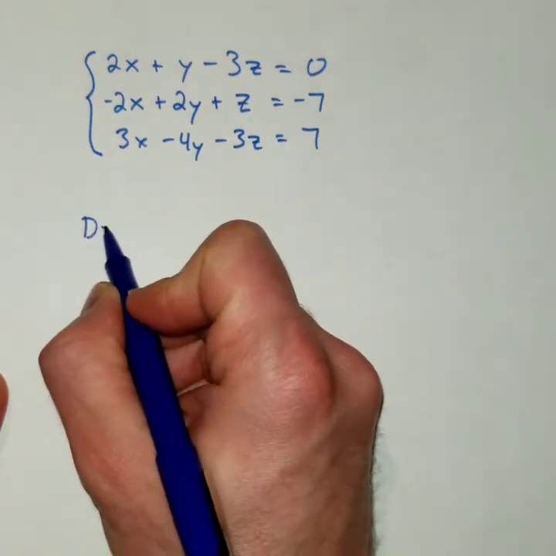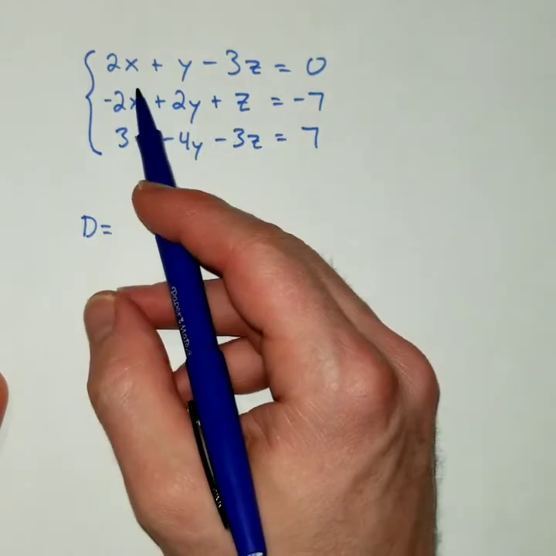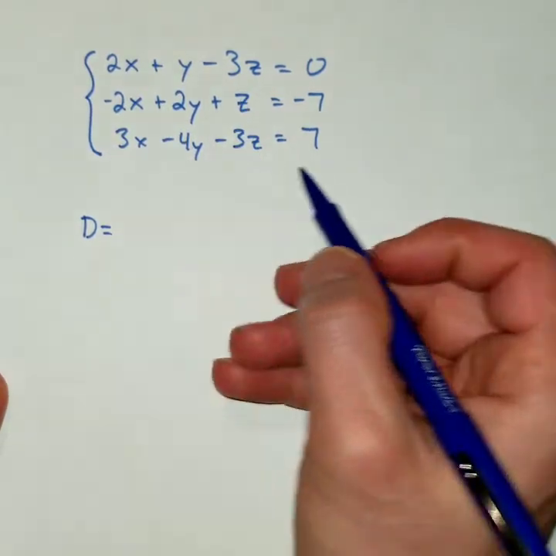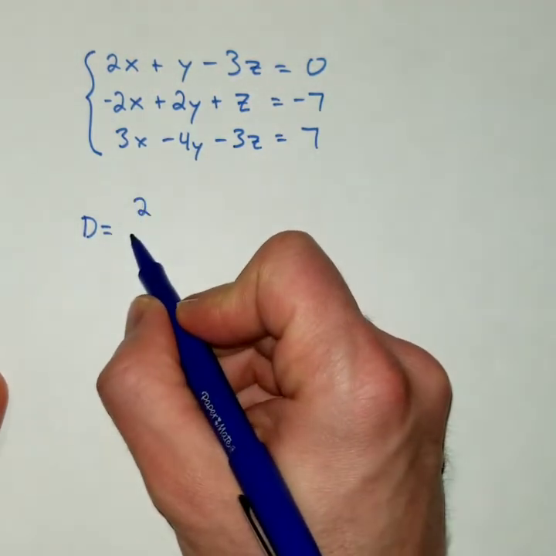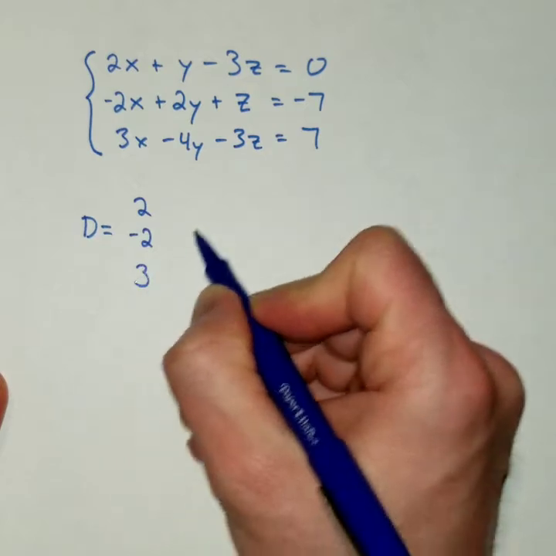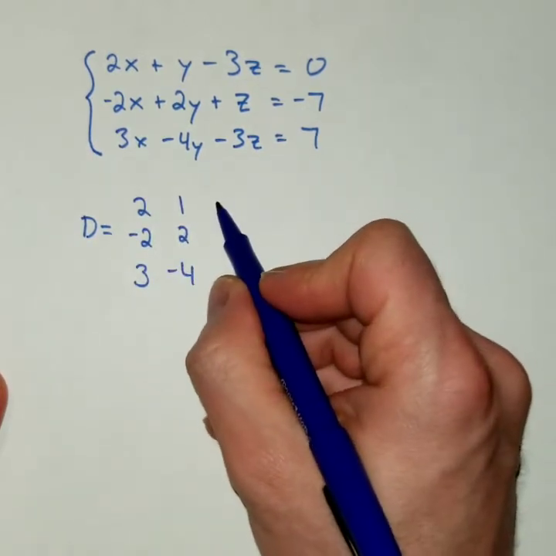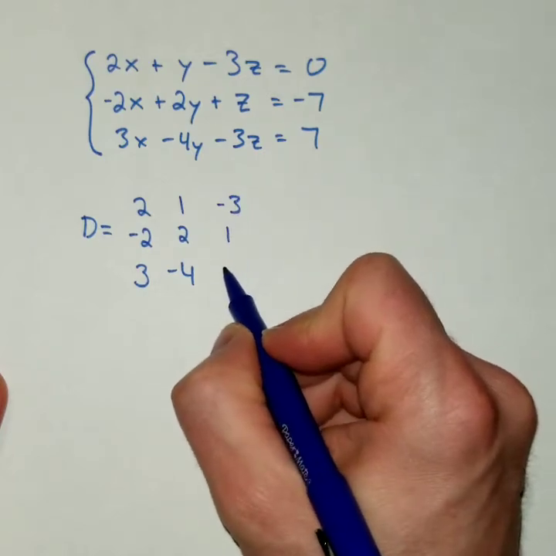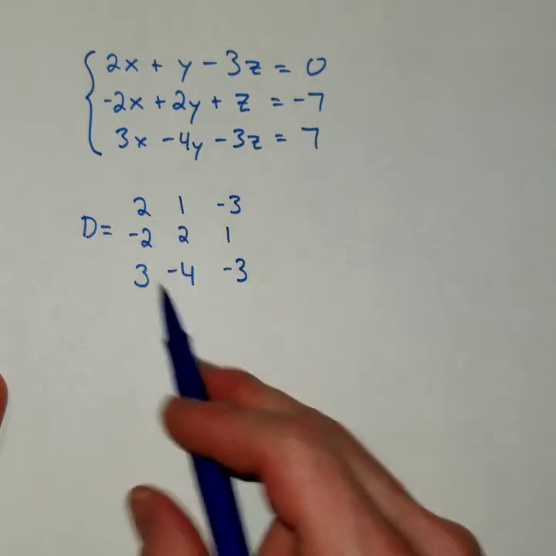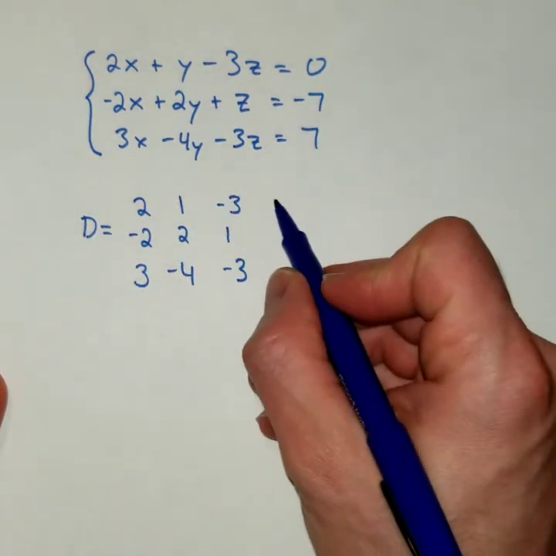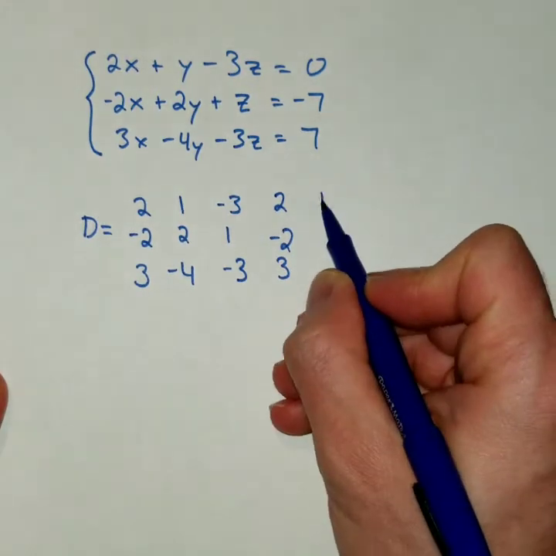So the determinant D, again, is just your 3 columns of coefficients. I'm just going to go ahead and write them all out. So 2, -2, and 3. 1, 2, -4, -3, 1, -3. And remember, when I calculate determinants for a 3 by 3 matrix, I repeat the first row, the first column and the second column.